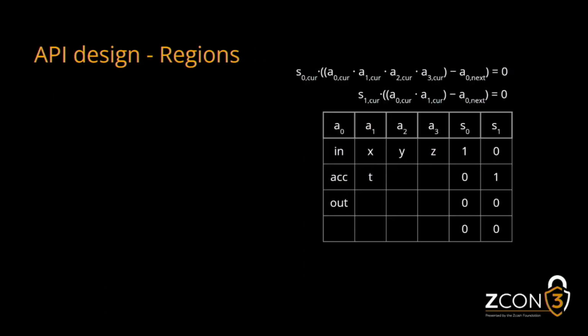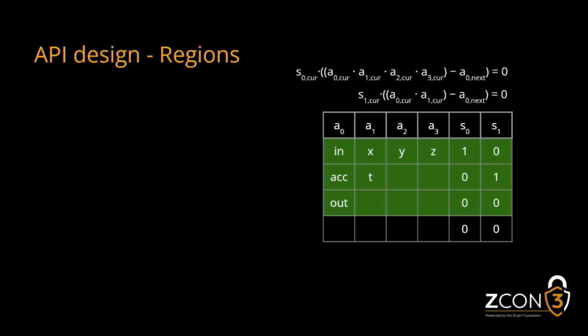And the way we do this is with the concept of regions. This is the same set of constraints as before, but now I've just overlapped them. So they're now tessellated and they're connected together. The output of the first multiplier is added to this accumulator variable, and then we apply the second multiplier to get a total of 4 multipliers.